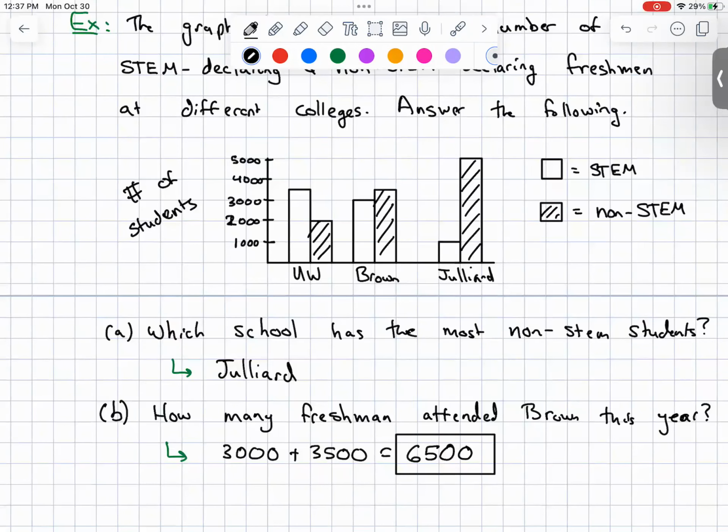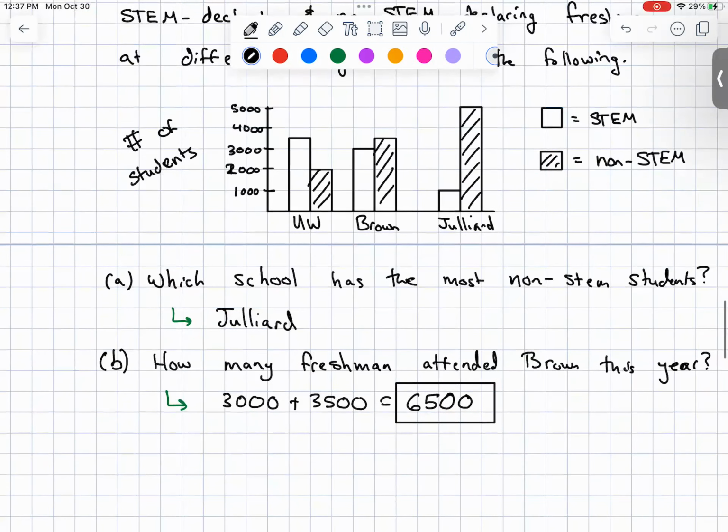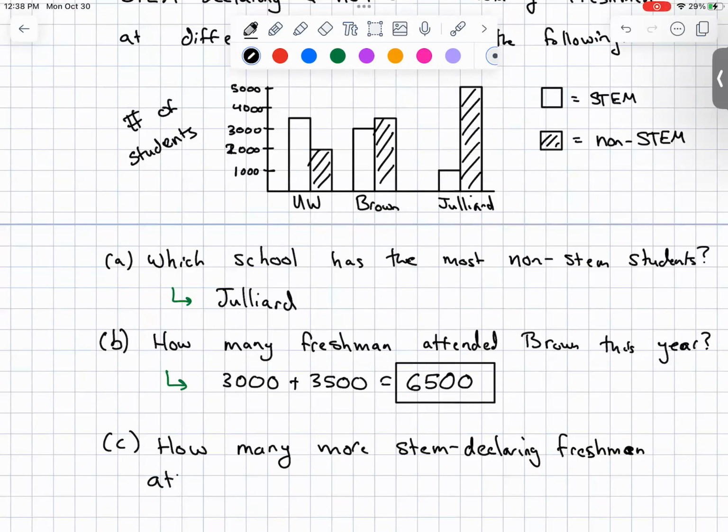And then one last question from this section: how many more STEM declaring freshmen attended UW this year in comparison to non-STEM?